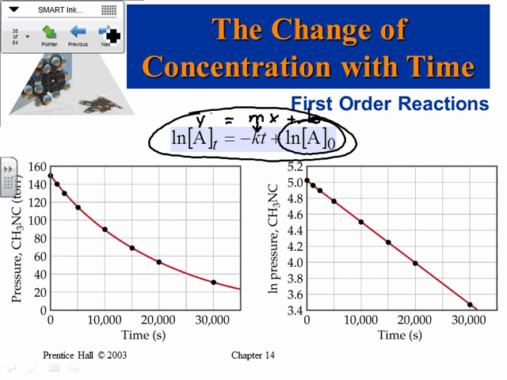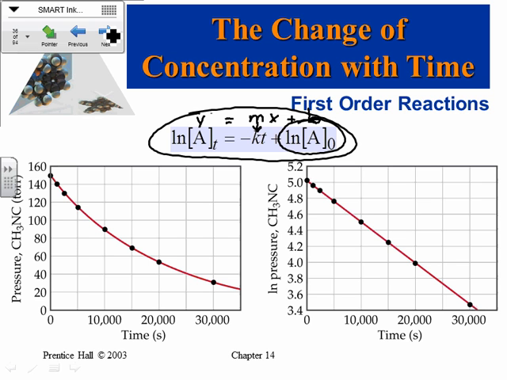Okay. So I don't know who thought of rearranging the equation that way so that you could graph it like that, but pretty cool idea, because then what you end up with, see, notice over here, if you just take the pressure of something, which can be substituted for the concentration when we're talking about gases, but if you just graph the pressure of it, it's not a straight line.